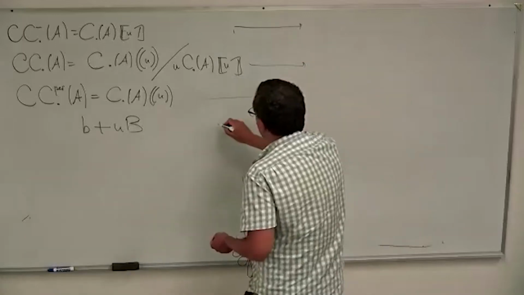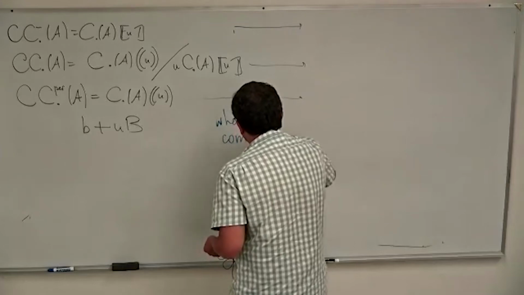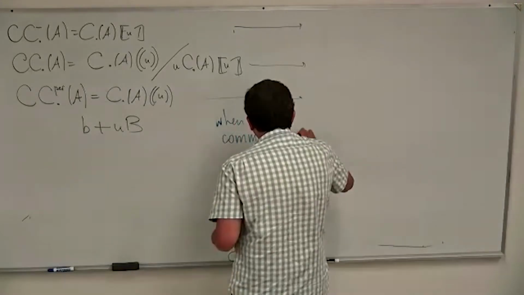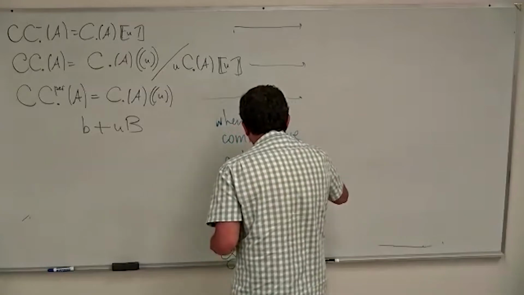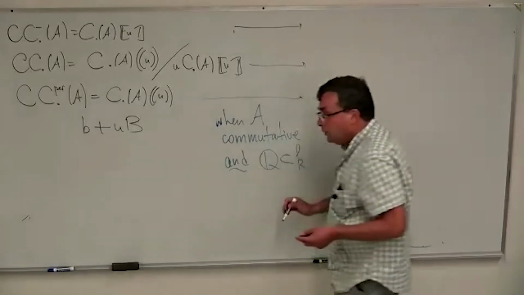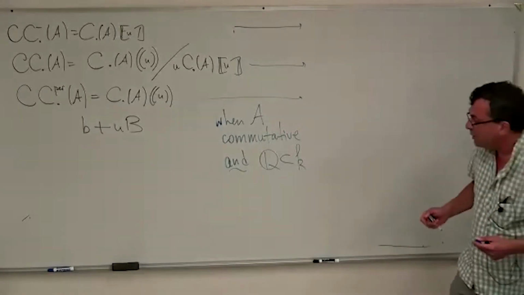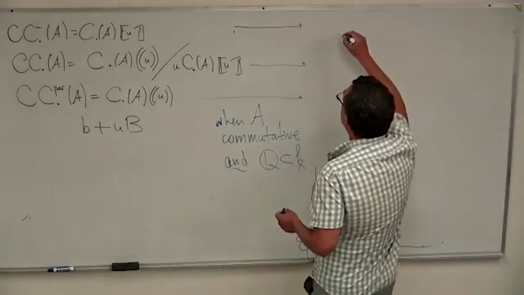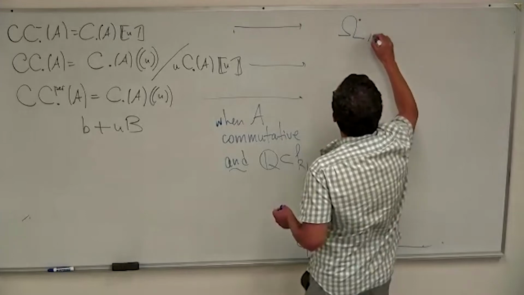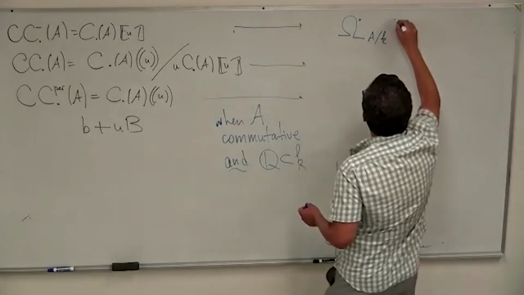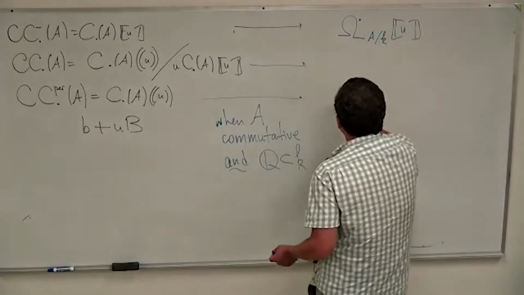When k is commutative and when A is commutative and Q is of characteristic 0, here we can have a similar formula here.